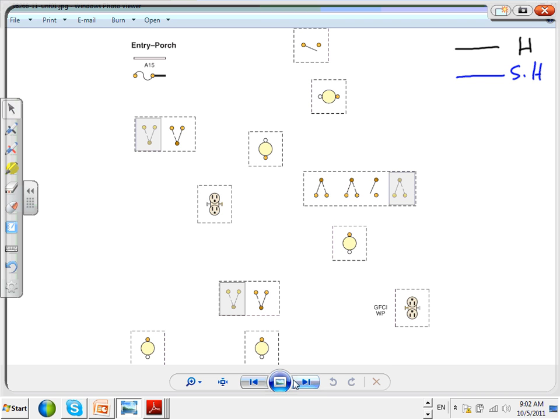Red, I will use for travelers. You guys have an issue with travelers? And green, I'm going to use for neutral. This is my color coding convention, and let's go ahead and do it.